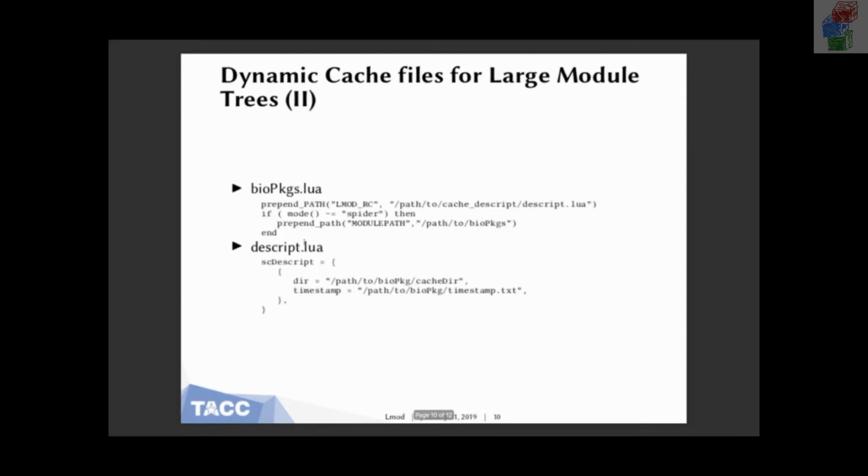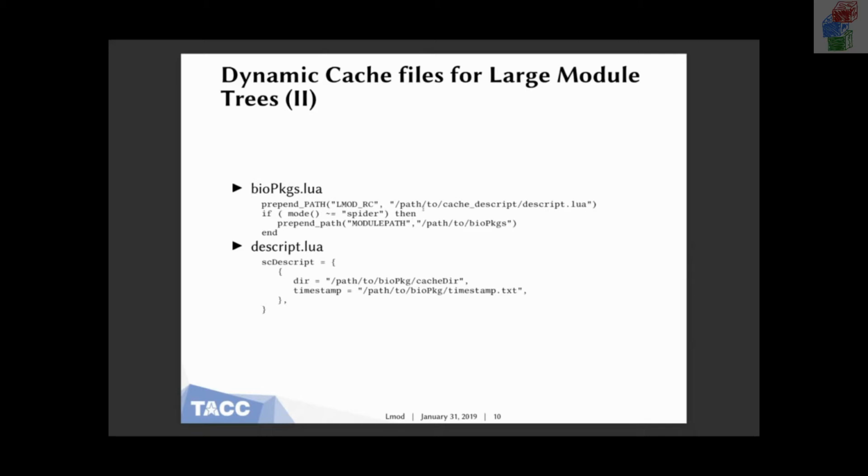And the cool thing, so let's say bio packages is the meta module, and among the things it does is it prepends to the module path the list of where these bio package modules live, but you can also extend the cache file. So you don't have to have a cache file that includes this huge tree of modules.